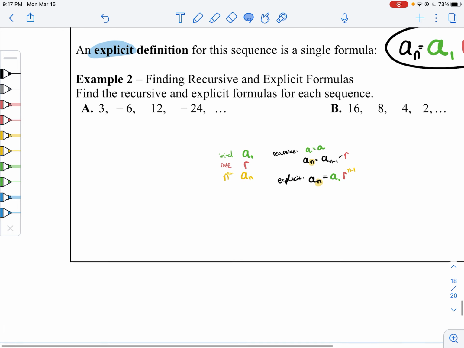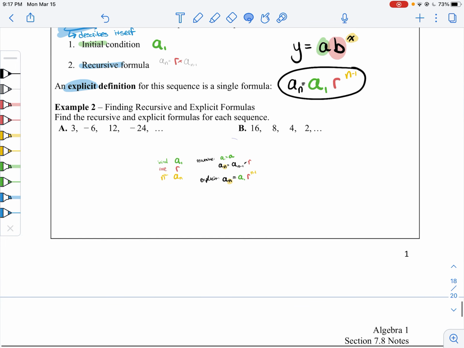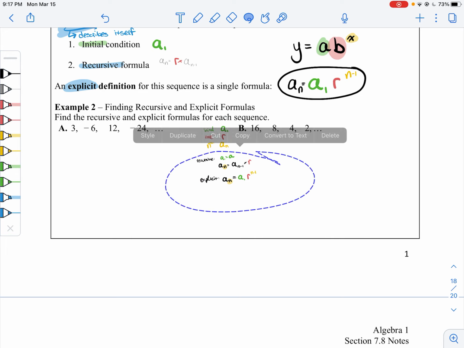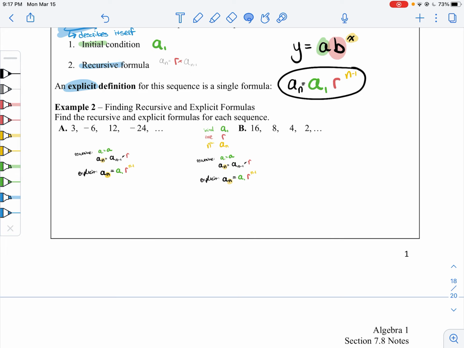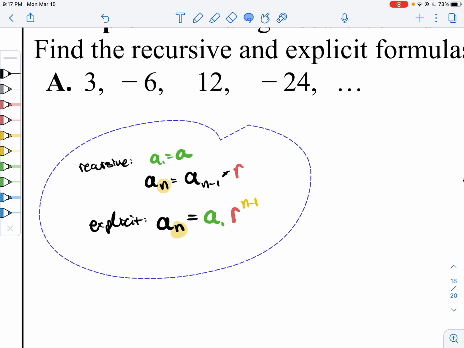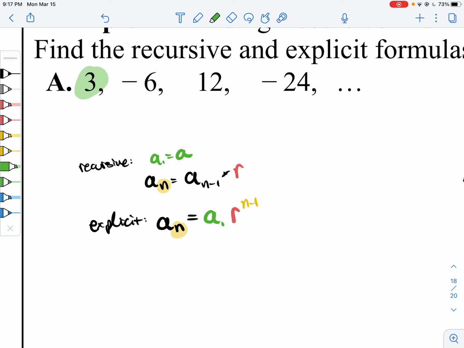Okay, so now we have to find the recursive and explicit formulas for each sequence. Oh man, if only there was some pattern or shortcut we can follow. Oh look, I found it. Okay, well let's define. What is our first term? Our first term is 3. So a sub 1 is 3.